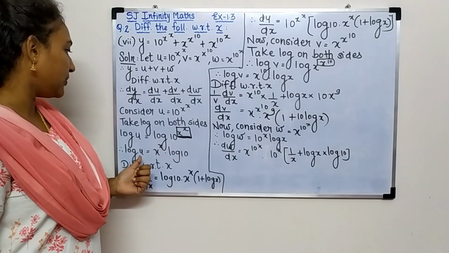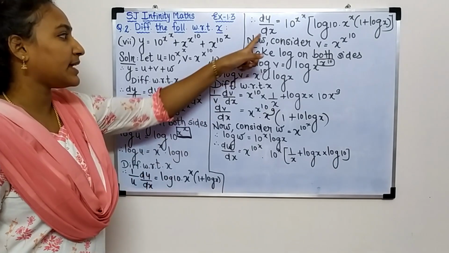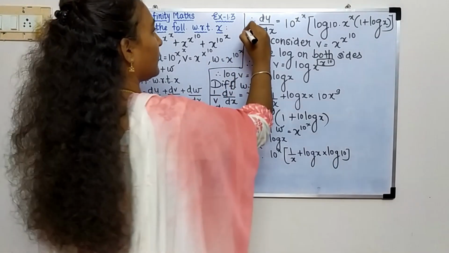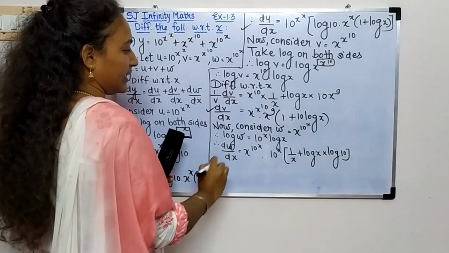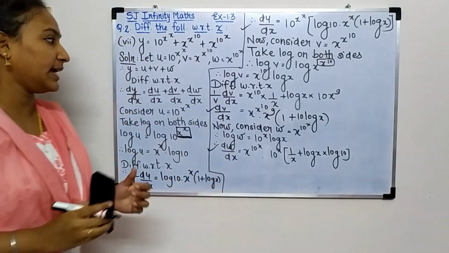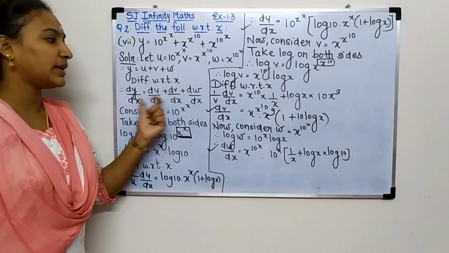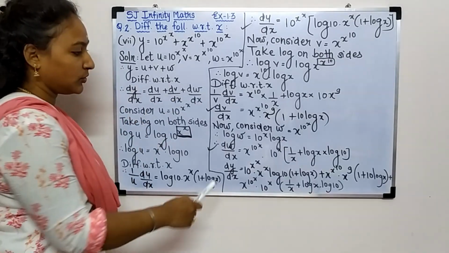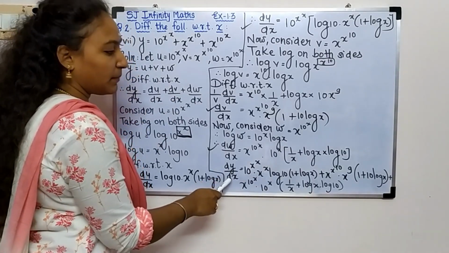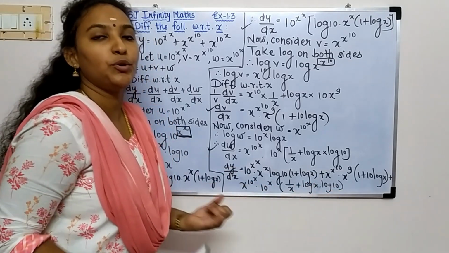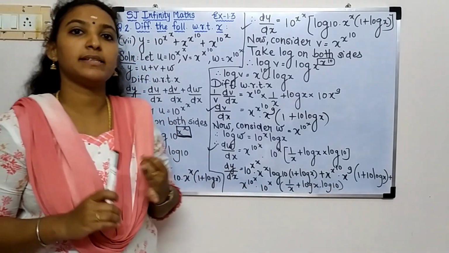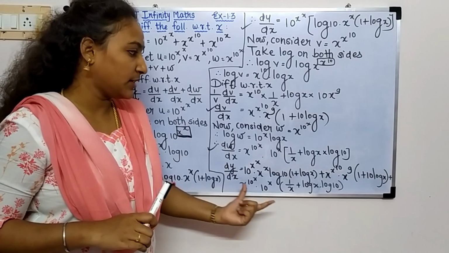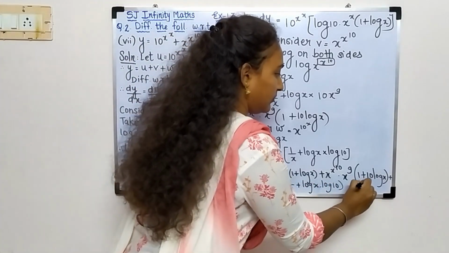Now we can substitute our du by dx, dv by dx and dw by dx in dy by dx to get our answer. Okay, thus we obtain dy by dx by adding du by dx, dv by dx and dw by dx together.